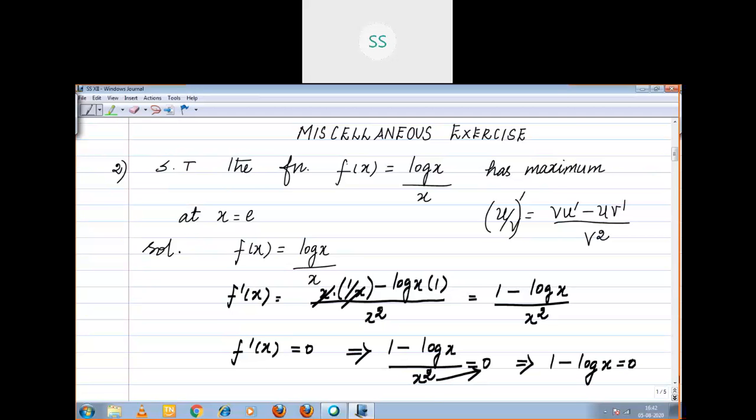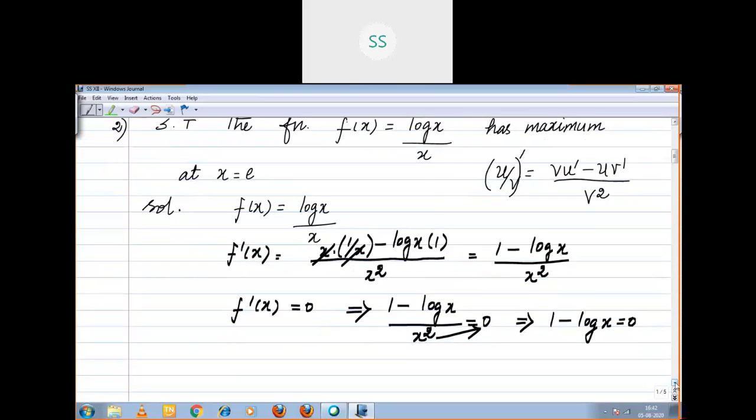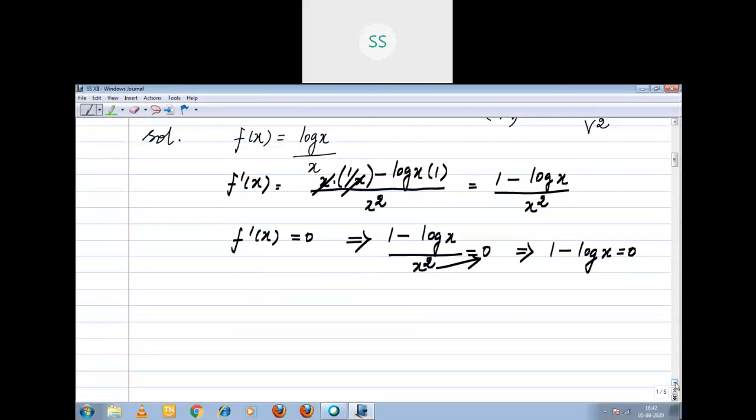Now, log x equal to 1. When you shift log to this side, it will act as an exponential, right? Which implies x is equal to e. What is given, the same we arrived at as a critical point.